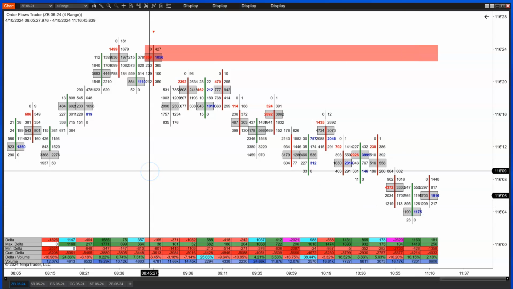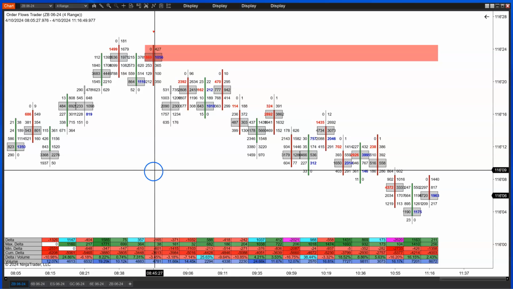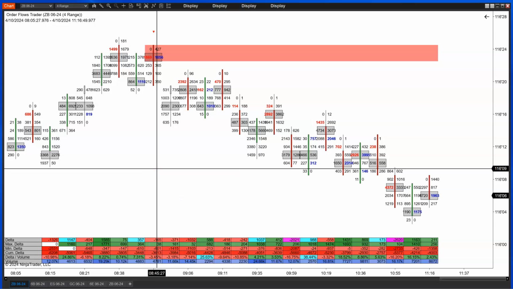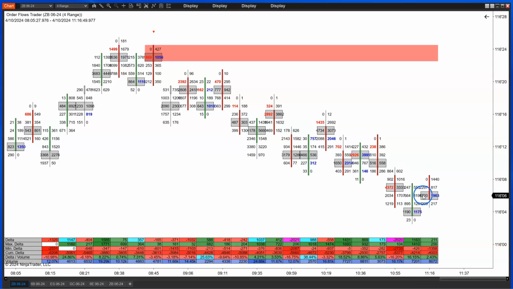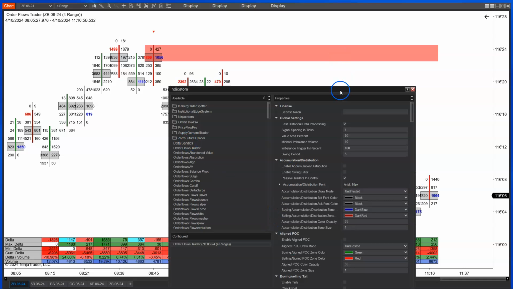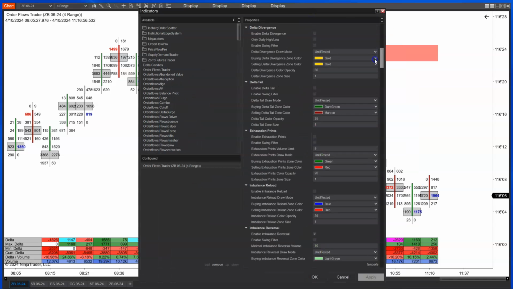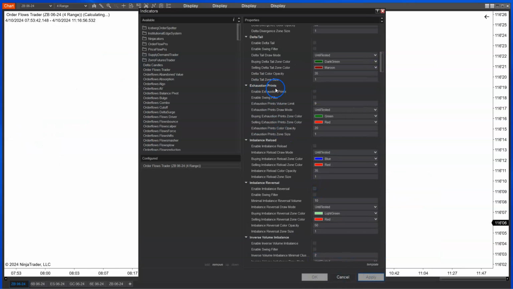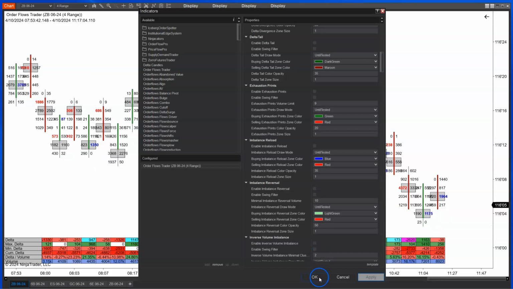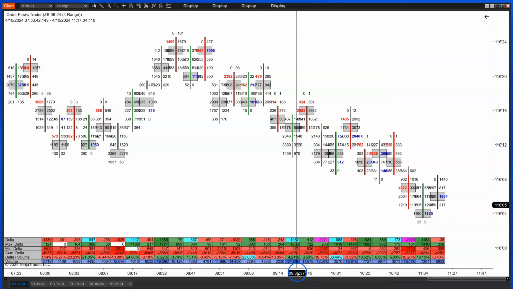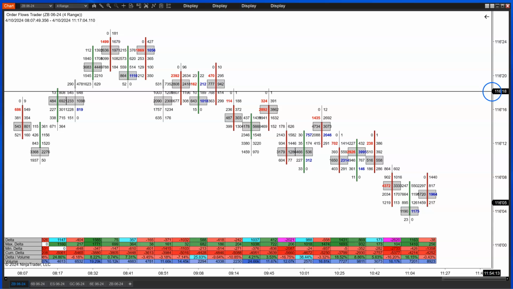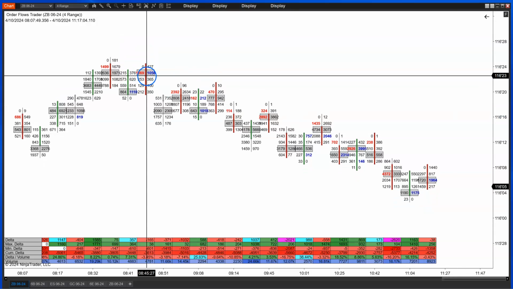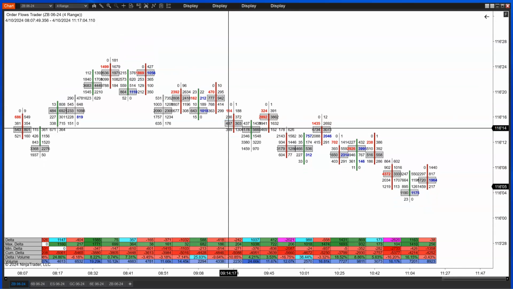That's why I created the Orderflows Trader, to help me see this. Honestly, if I'm looking at a plain vanilla footprint chart with bid, ask, and point of control, I've got a lot of tools in here, and you can see I've got exhaustion prints, imbalance reload, etc. There are a lot of things I like to look for, and sometimes I can get lost in it and miss it.